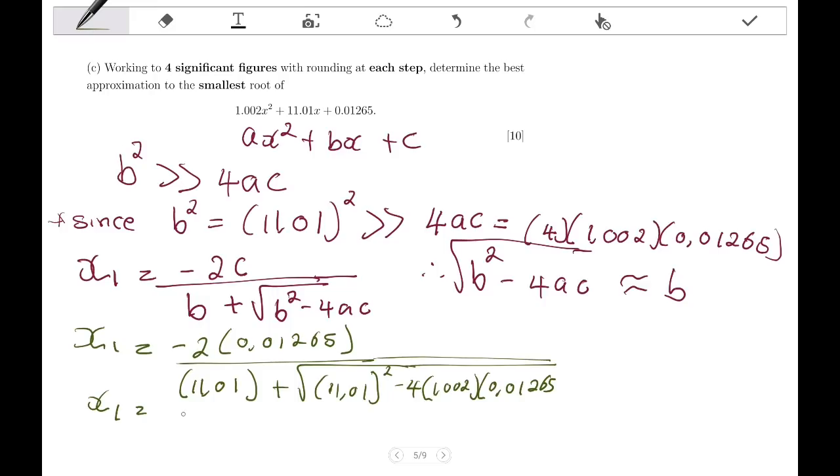Alright, so the final answer is going to be minus 1.491 times 10 to the power minus 3. That's your final answer.